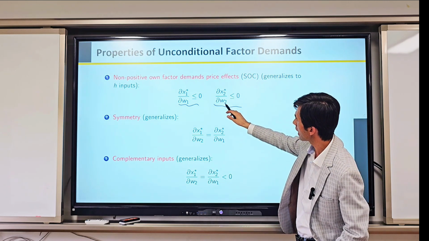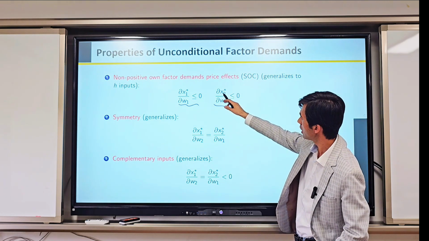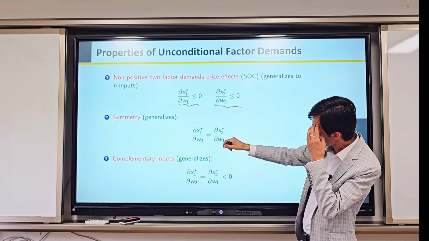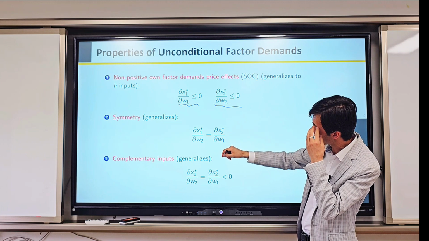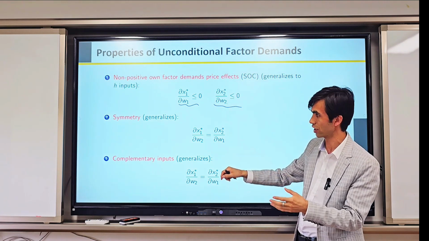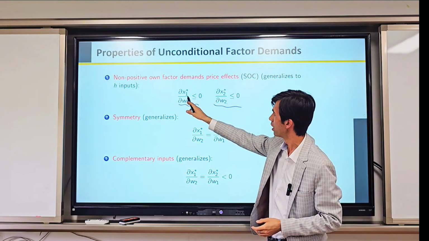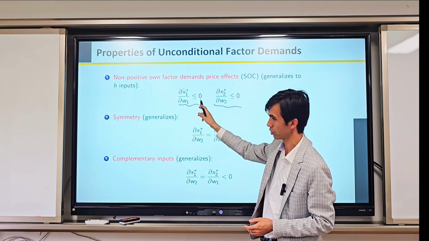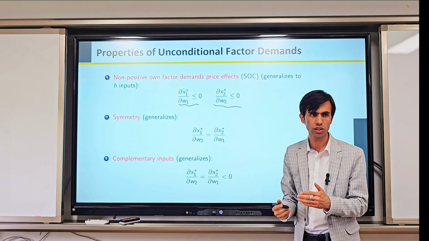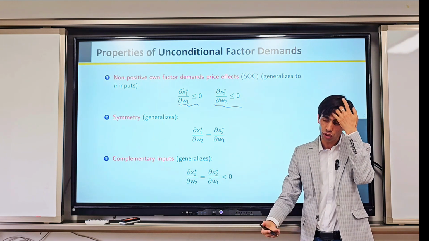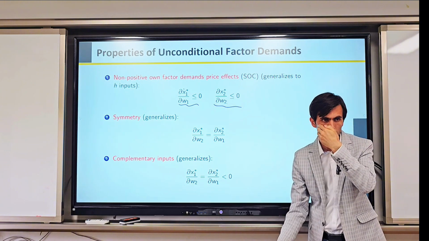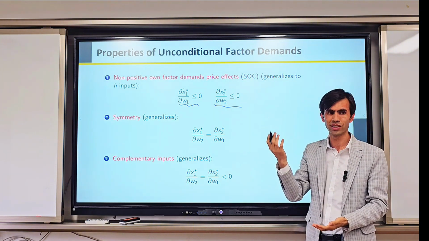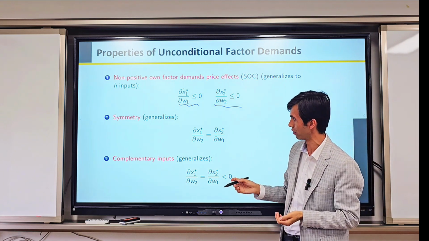And when the price of input 2 increases, the demand for input 2 decreases. That's why, when we go to the second order condition, it should be less than 0. The partial derivative of x1 with respect to w1 should be less than or equal to 0. It means when the price of input 1 increases, the demand should either not change or reduce. It should not increase. When the price increases, you don't use more, right?